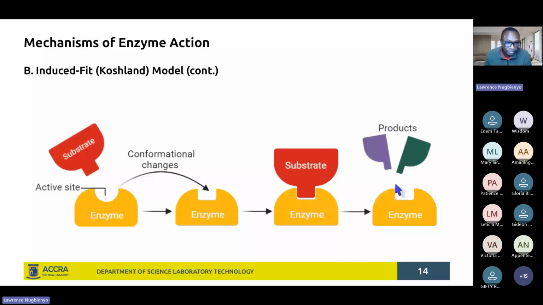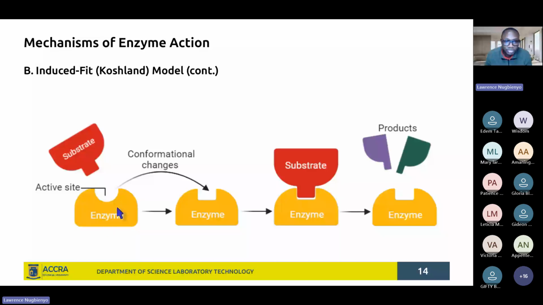So here we see this is an enzyme yellow that is having an active site being shown, to be round. I mean, just to depict what Koshland meant. And you have a substrate, and the portion of the substrate that should bind to the enzyme, you see, has a square shape. But in the presence of the substrate, the enzyme then assumes some conformational changes.